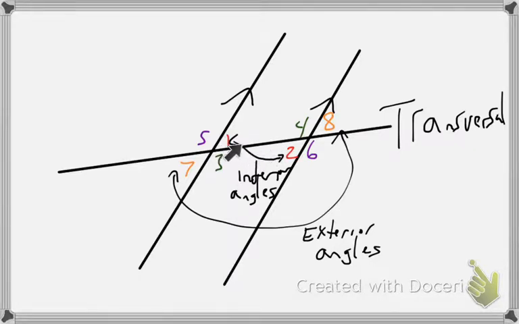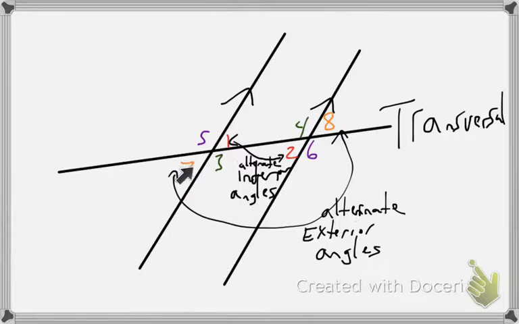If they alternate within each pair, on different sides of the transversal, as in one's on top and one's on bottom, then these are what are known as alternate interior angles and alternate exterior angles. And you'll notice that these angles, like our vertical angles, look the same.